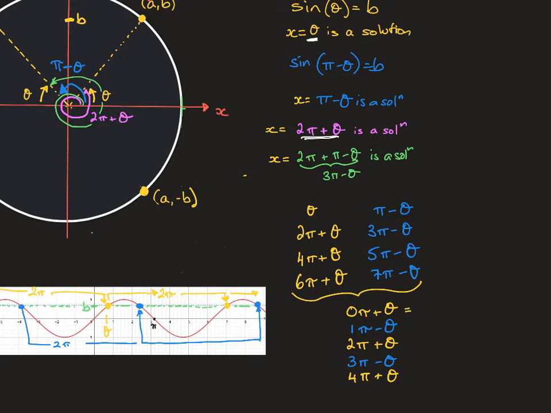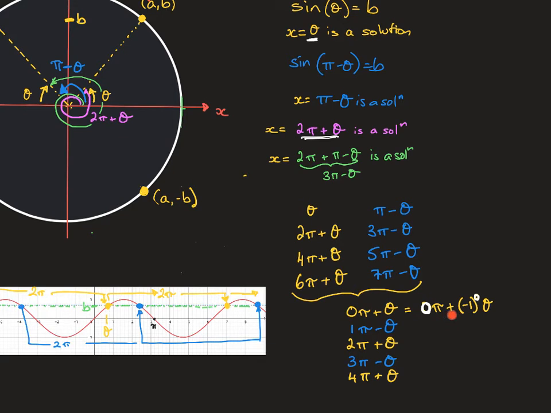So this might be a little bit weird, but what I'm going to use is a switching factor of minus 1 raised to the power of whatever my coefficient of pi is. So for this equation that I've written here, minus 1 to the power of 0, anything raised to the power of 0 is 1.